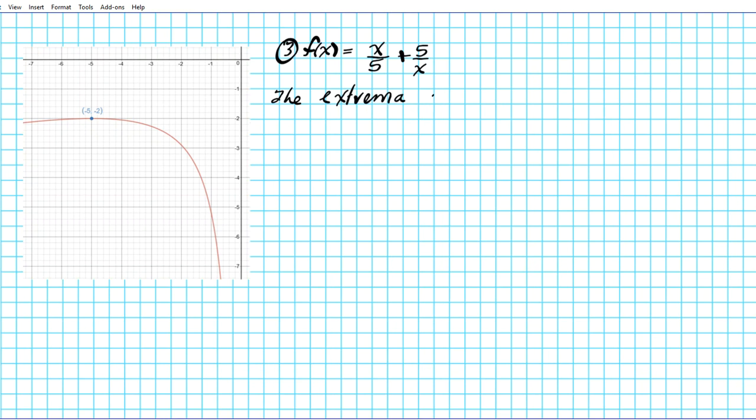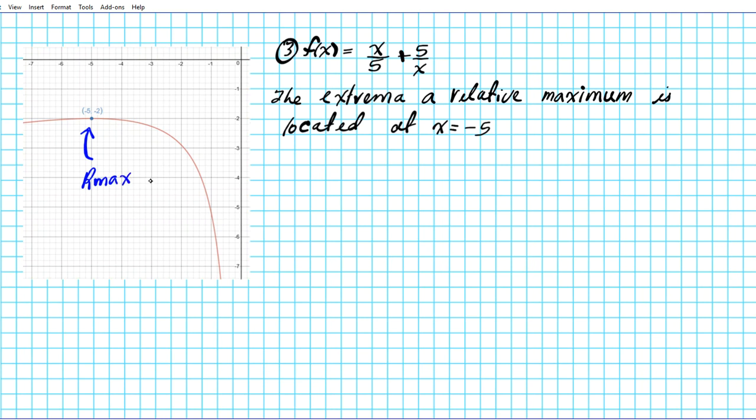Okay, so the extrema, a relative, this is a high point, a relative maximum is located at x equals negative 5. Okay, so this is not the highest point of this function. It's just the local maximum. There's another portion of this graph on the first quadrant. All right, so this point right here is a relative max or local max, and is at x equals -5.